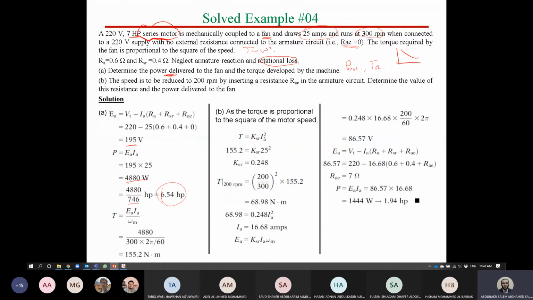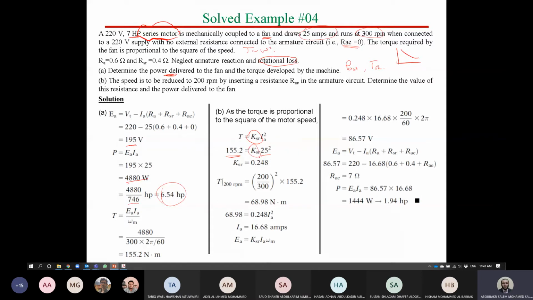So from here, firstly, we can start getting the motor constant K series from the data we have. This is from the first operating point. We have a torque of 155.2 and 25 amps, so we can get the value of K series. Once you get the value of K series, you can use it.